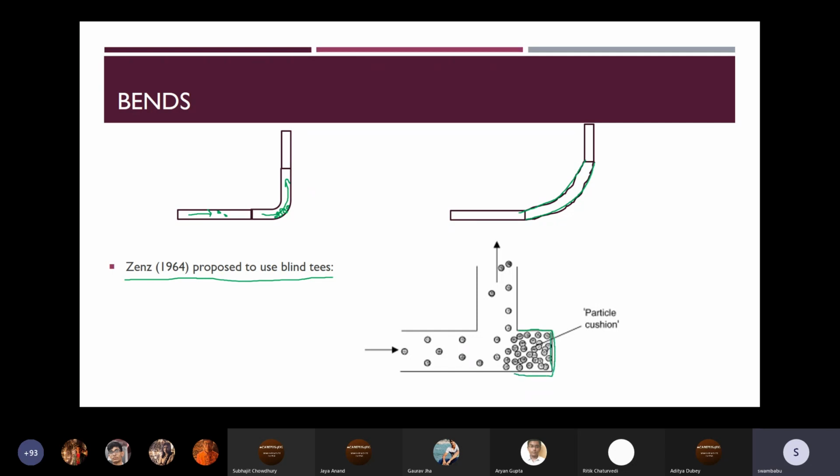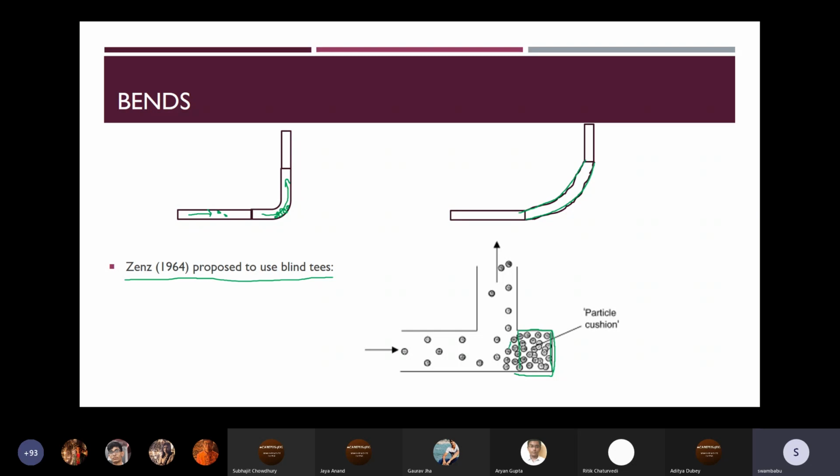Normally a T joint will be like this, but in the case of blind tees, you will have an additional small cross section, which will be closed. Since this is closed, the particles will come and settle. After some time, this whole area is filled with particles.